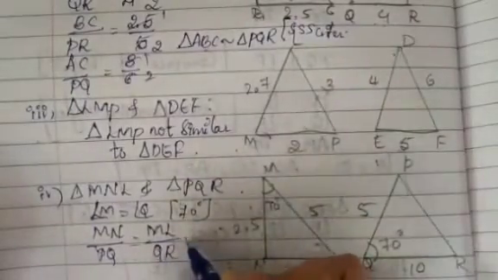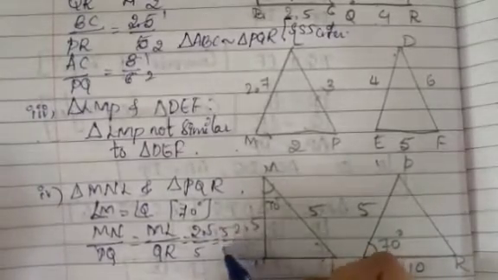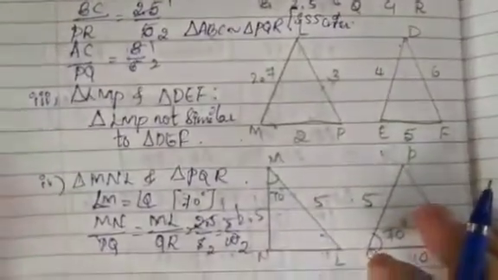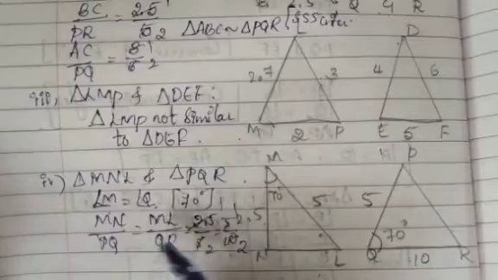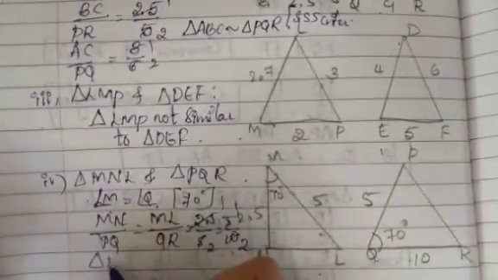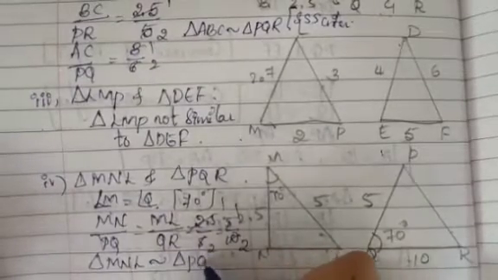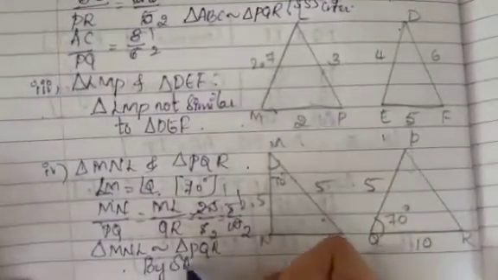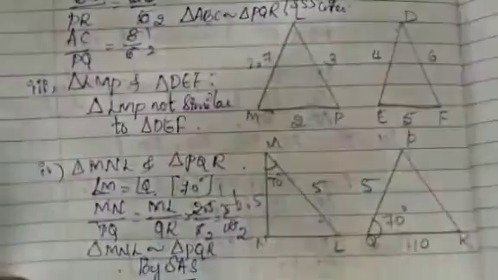If I take these two ratios, I'll get 2.5 by 5 is equal to 5 divided by 10. 2.5 by 5 means 1 by 2, 5 by 10 means 1 by 2. So their angles are equal and their corresponding sides are proportional to each other. If that is the case, you can write that triangle MNL is similar to triangle PQR. Why? Because of SAS criteria. By SAS criteria, we have proved that these two triangles are similar to each other.